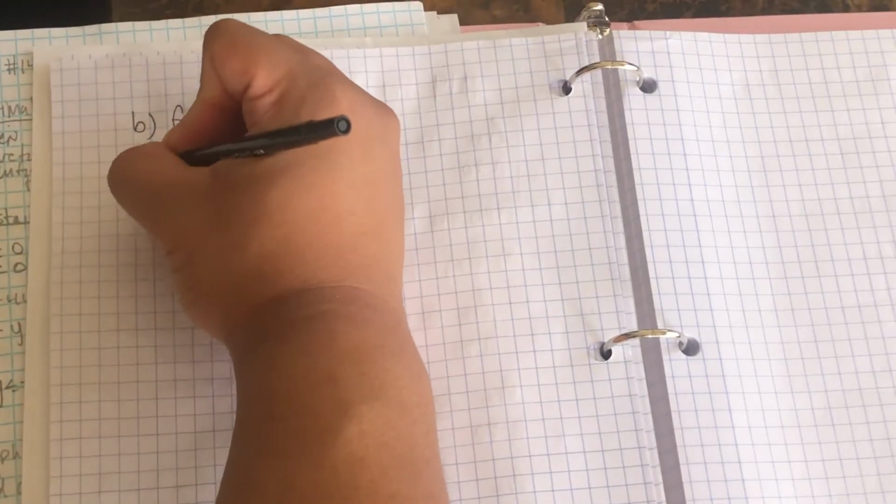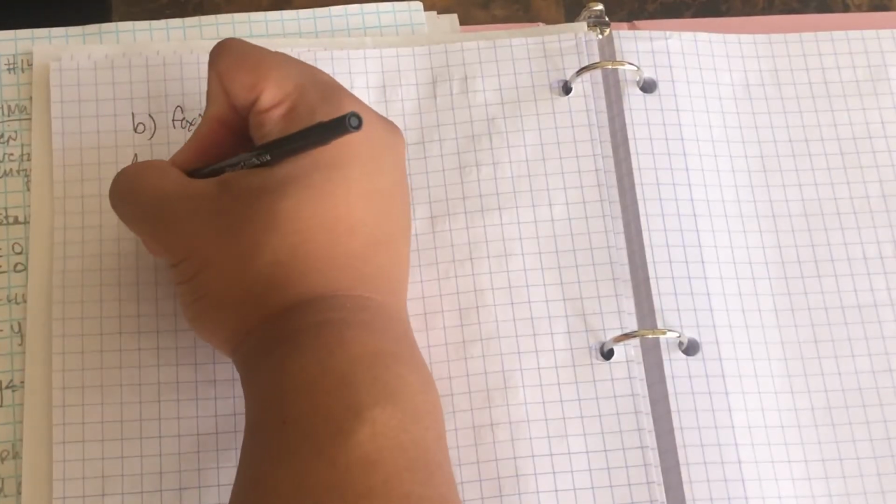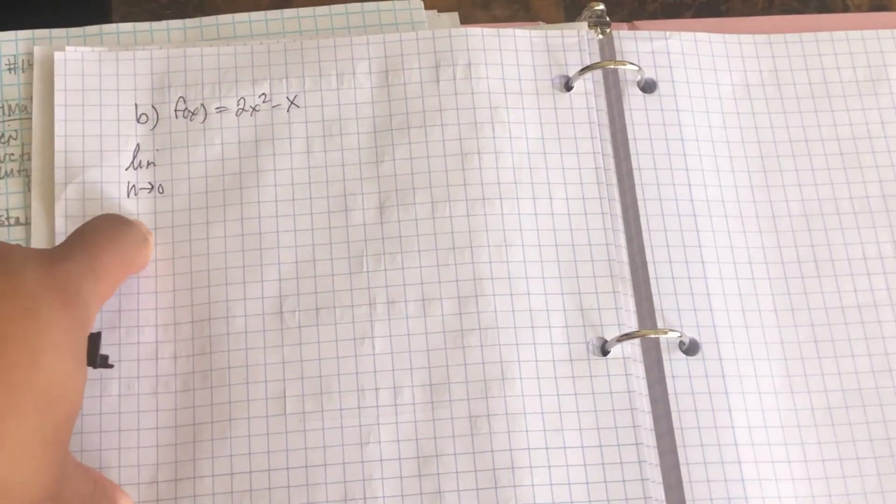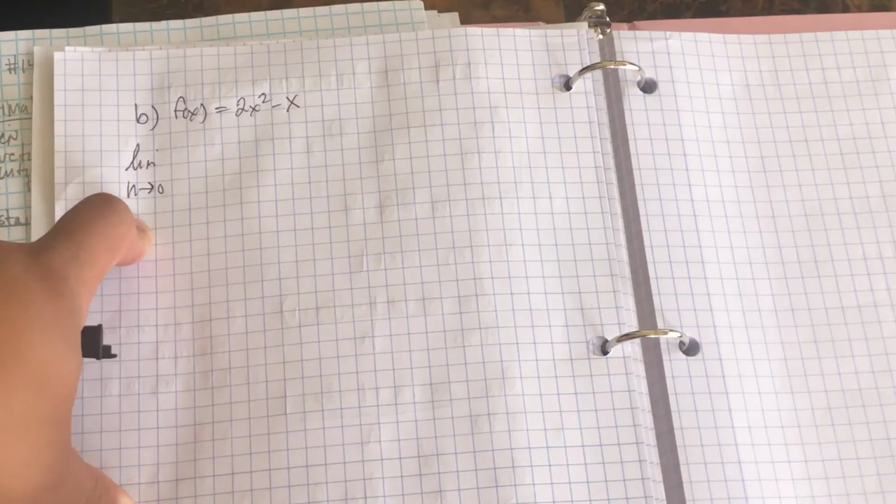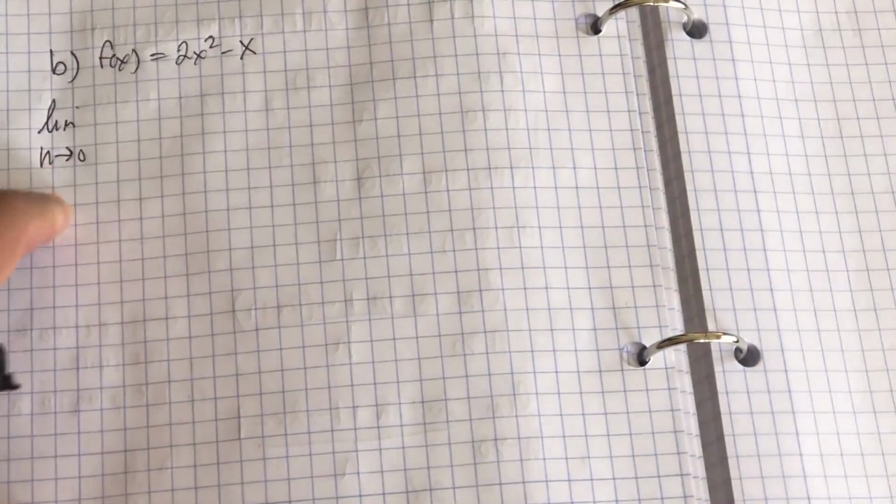If you look back at the notes you just took, by definition, the difference quotient is the limit as h approaches 0. Again, don't worry about what h means. We're just using the definition and finding the limit of this.